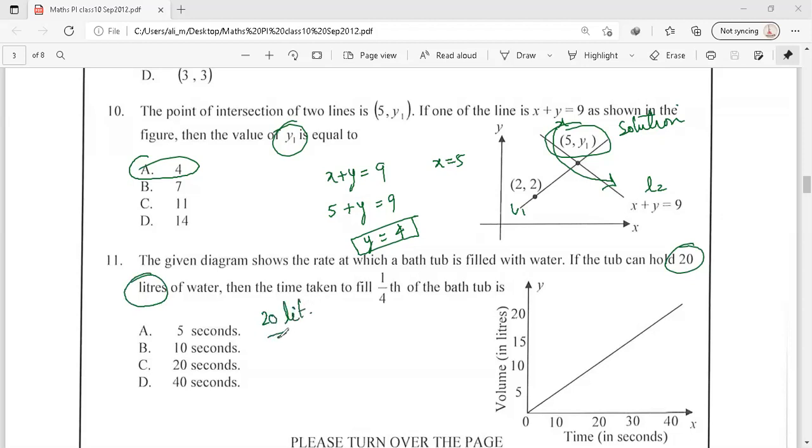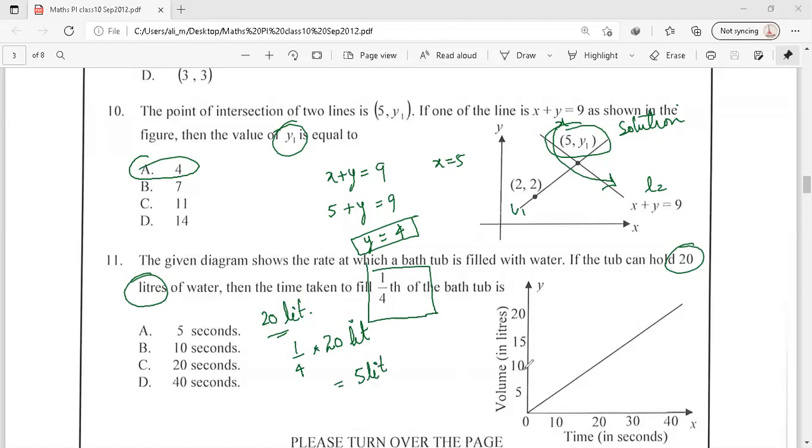And we have to fill this tub to one fourth of its capacity. So one fourth of its capacity will be equal to 1 over 4 times 20 liters. It means one fourth of its capacity is 5 liters.